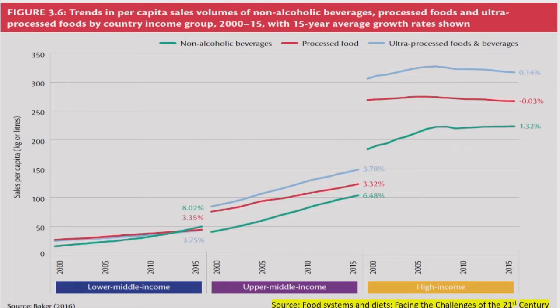So these next two slides are just some data to show the fact of increasing consumption. The data on the right, the blue bars, are for high-income countries. They show the rate of increase of ultra-processed foods and beverages. Processed foods is the red line, and the green line is the sweetened beverages.